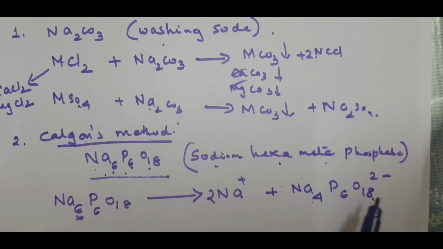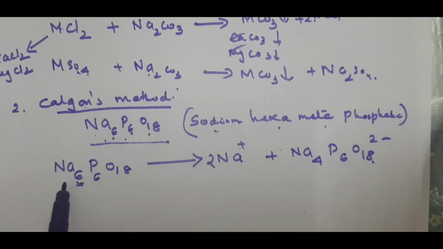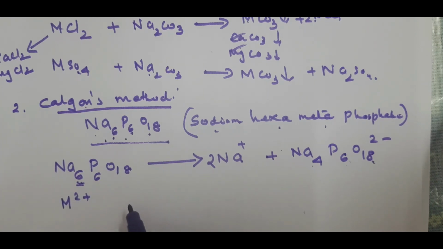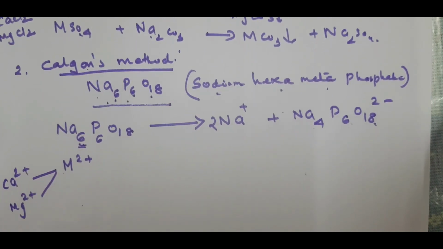Correct? Then this remaining Na4P6O18 2 minus reacts with the calcium or magnesium salt of this hard water. See, this M can be Ca2 plus or it can be Mg2 plus.